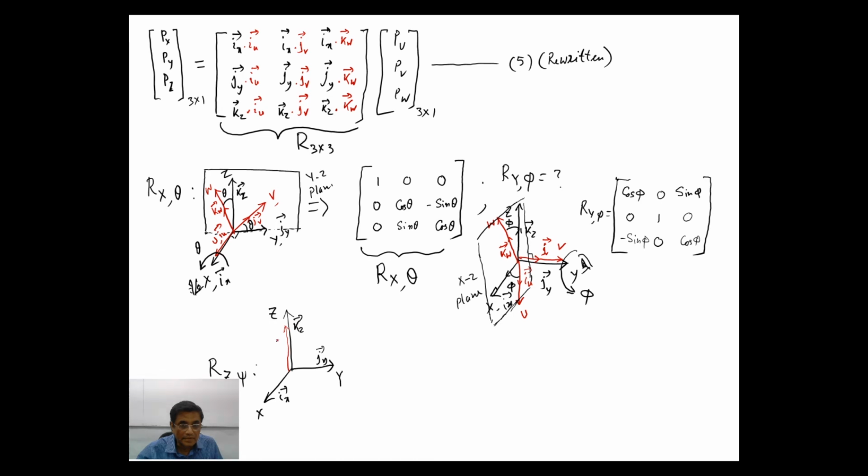Sorry about that, this is w and along this is Kw, and you are rotating about the z axis, so this is u, this is v, this is Iu, Jv. Now the flipping will be done in this plane.